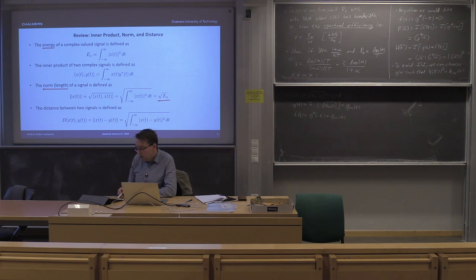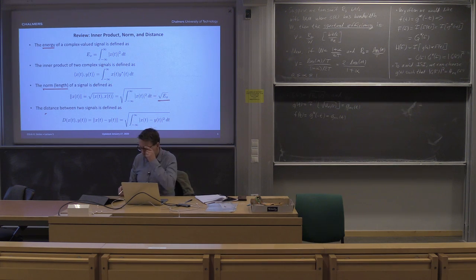Now if we have this, we can compute the distance between 2 signals. The distance between x and y, think of these as vectors, is the length of the vector that goes from y and ends at x. So it's the length of the difference signal, which is equal to this.